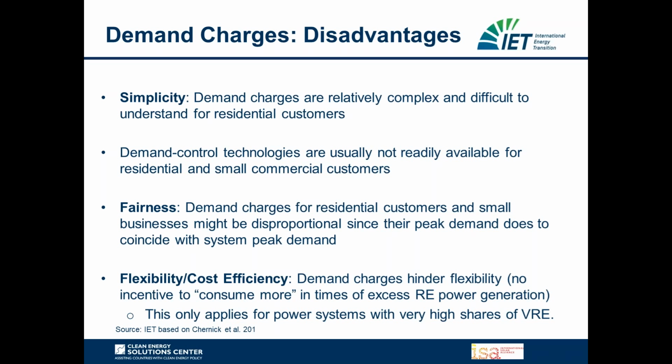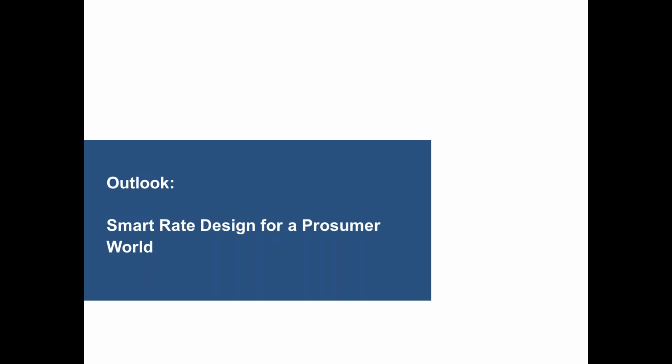However, in power systems with very large shares of variable renewables, we actually need to come to a situation where in certain hours of the year, you should give industrial, commercial, and residential consumers incentive to consume more. So traditional demand charges might actually stand in the way of this, but this only applies for power systems with very high shares of variable renewable energy technologies.